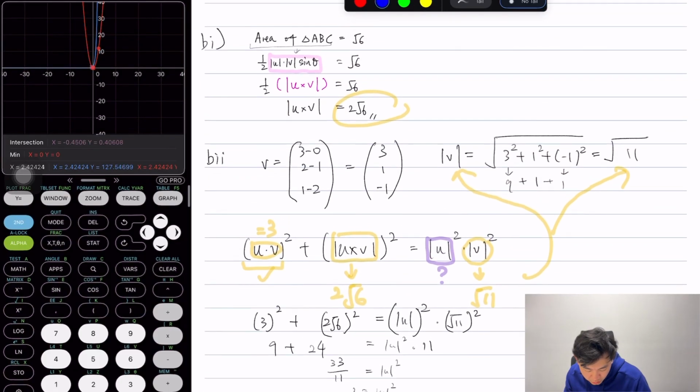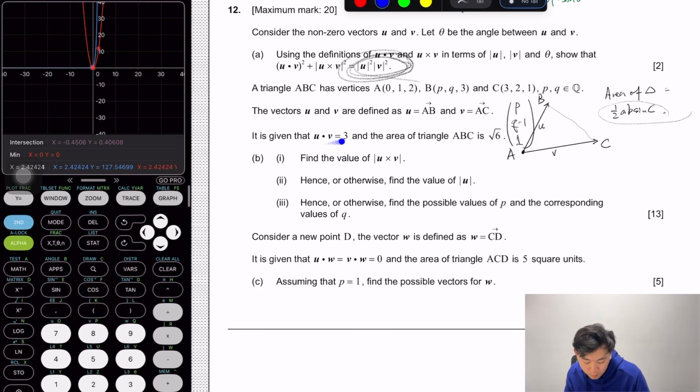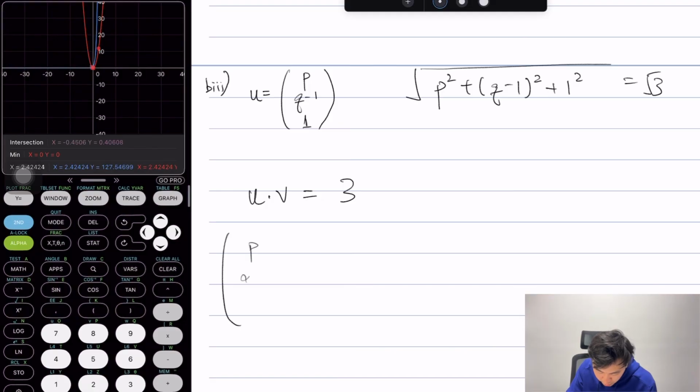We haven't used the dot product too much. So maybe, and that's the dot product, right? That's the easiest thing we can do. So we may use this one. Because of the fact that u dot v as dot product is equal to 3, we can then write it out as p and then q minus 1 and then 1 times, what is v?